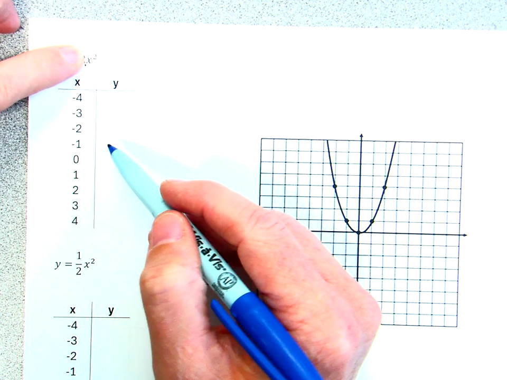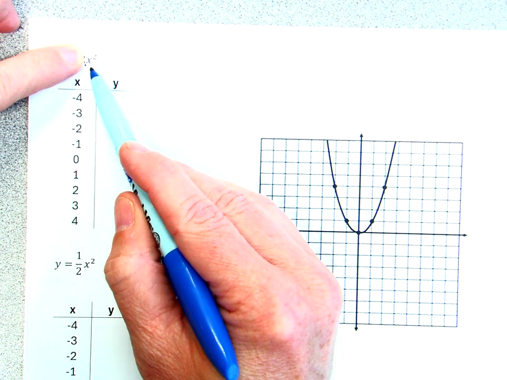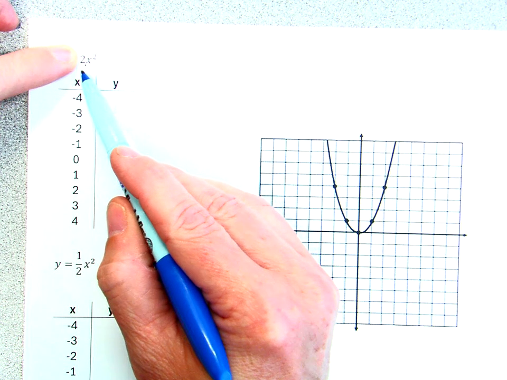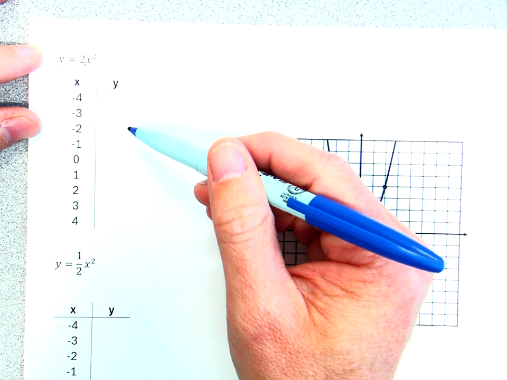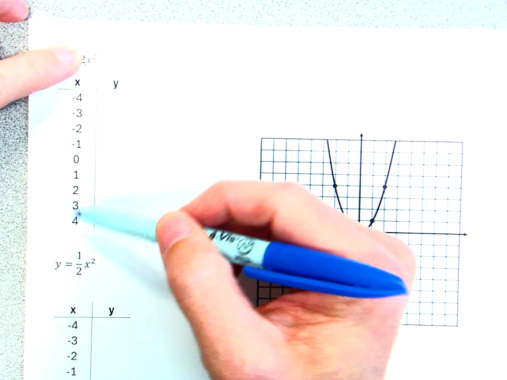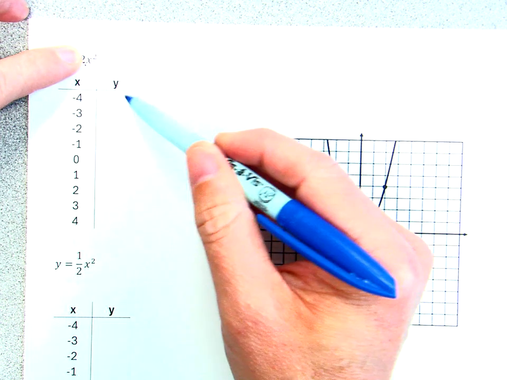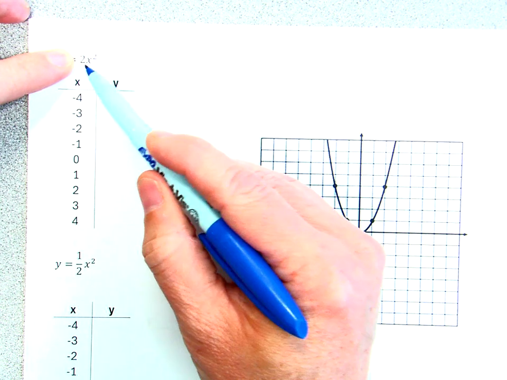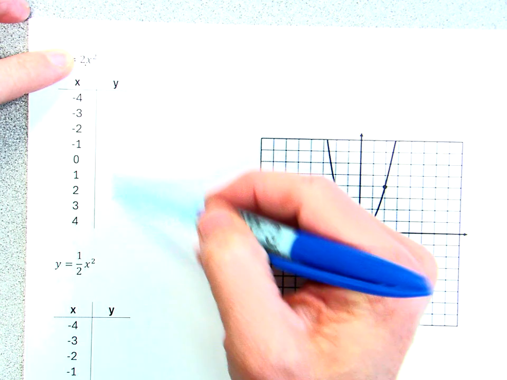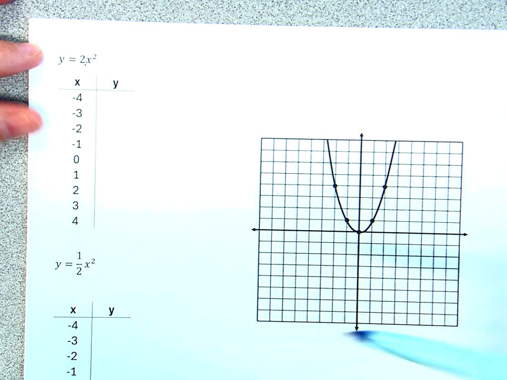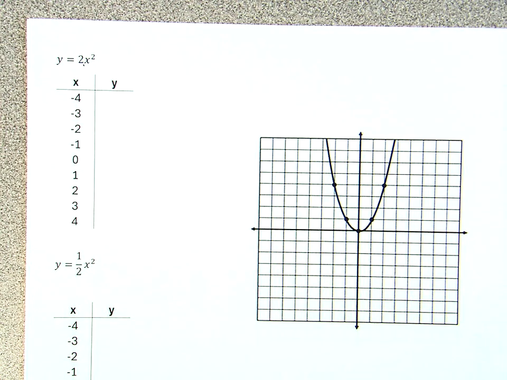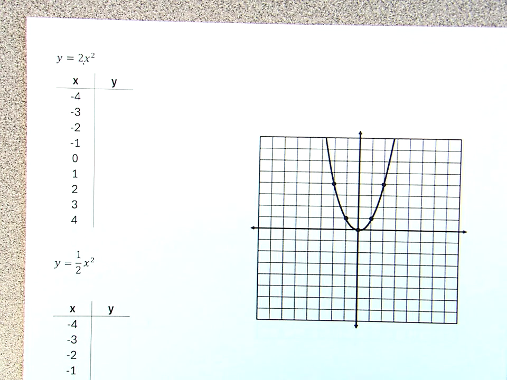So if we're producing an x squared first, then multiplying, then this 2 is going to affect y values, right? Because once I square it, it's still going to be the shape that we have, and then I'm going to multiply these y values by 2, so it's going to affect this graph in a vertical way, right? But we don't know at the moment if this is going to actually change the shape of the graph.